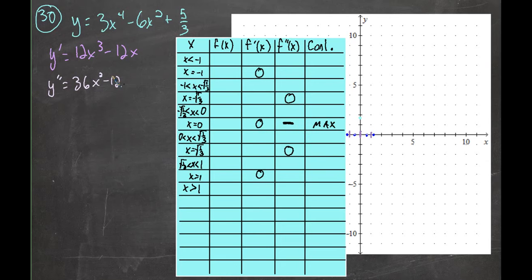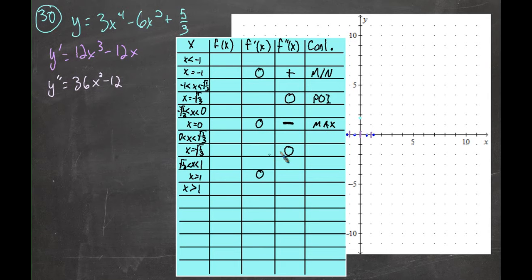Okay, let's test -1 in the second derivative. We're going to square -1, that's going to be positive 1. 36 minus 12 is going to be positive. It's concave up. It's got a 0 slope. That is a minimum. Well, it switches from concave up to concave down, so that is a point of inflection.